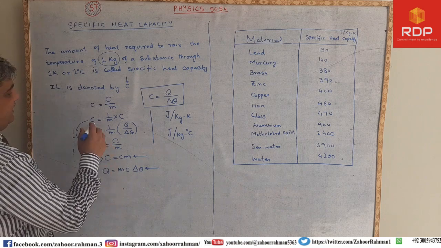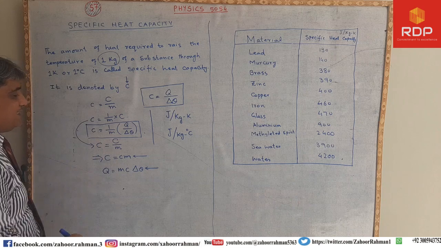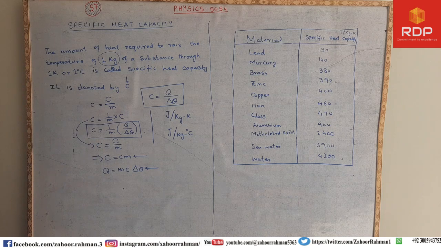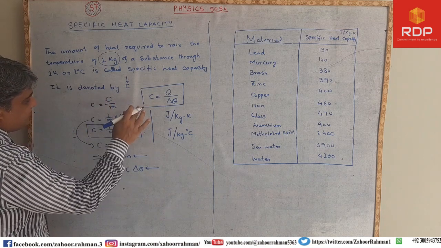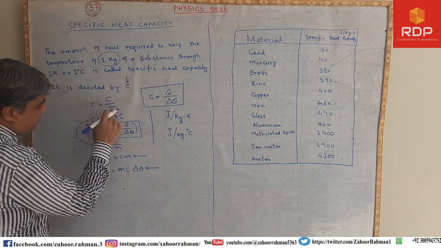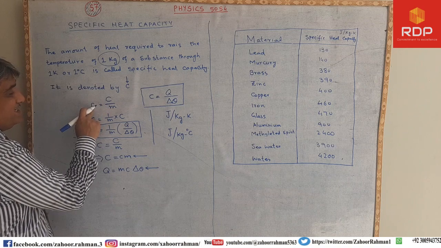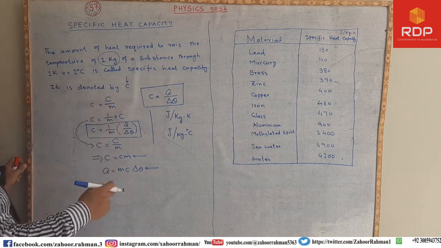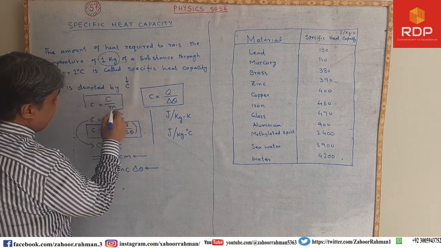while in case of specific heat capacity, the mathematical equation can be written in this particular form. If we are specifying the heat capacity to per unit mass, specific heat capacity is equal to heat capacity per unit mass. So generally we can write it like this.